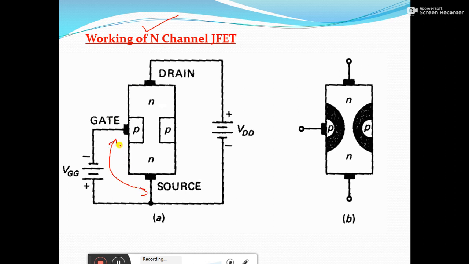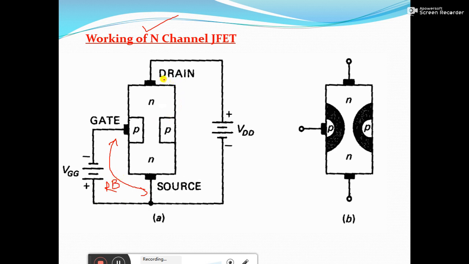The gate terminal is made negative with respect to the source terminal. You can see the P type gate is connected to the negative terminal of the battery, and the N type source is connected to the positive terminal. So the gate to source junction is always reverse biased.